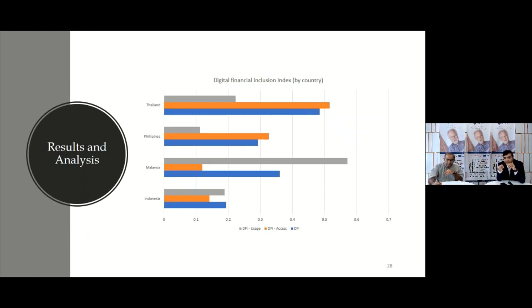So you can see those who have access are fully utilizing these services in Malaysia especially, and in Thailand the mobile banking sector and the fintech sector are also providing facilities, especially agent banking, agent networking, and point of sale services to the customer. That's why it's quite higher than the other countries.